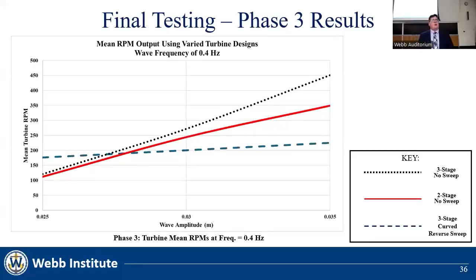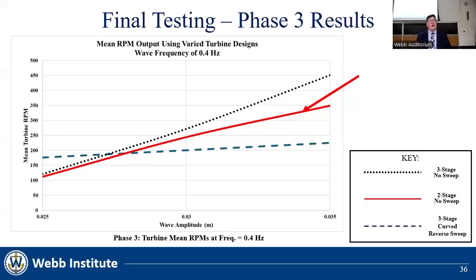The final set of results from phase 3 testing highlights the differences in performance at different wave amplitudes. The graph shown displays mean turbine speed in RPMs on the y-axis, plotted against the wave amplitude in meters on the x-axis. For all data points, the wave frequency is 0.4 Hz. The dotted black line corresponds to the 3-stage no-sweep turbine.